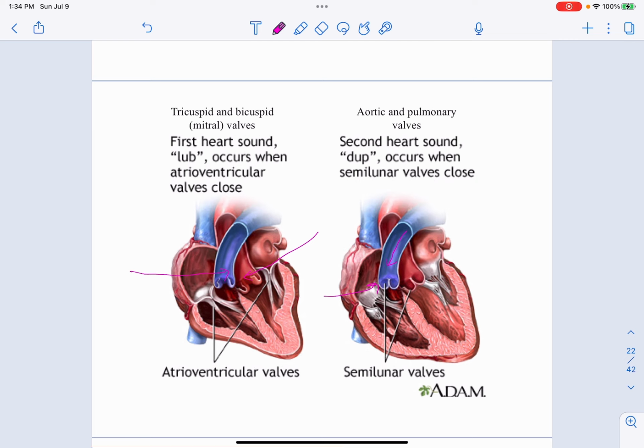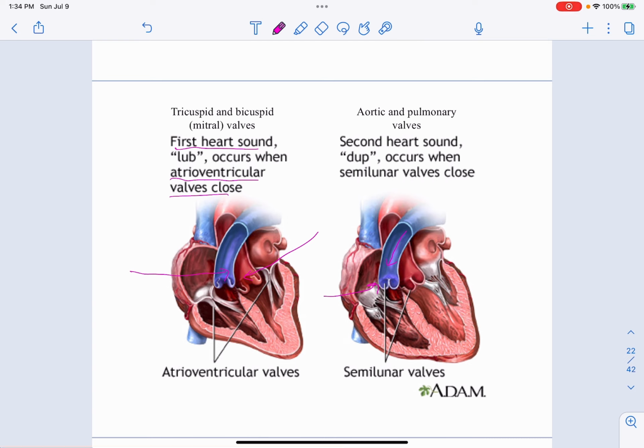Now, there are sounds that the heart makes, okay? When you're listening to the heart, the first heart sound, that lub sound, is the sound of the atrioventricular valves closing.